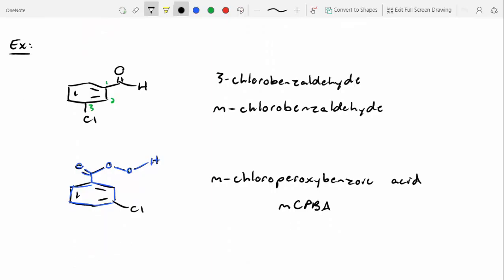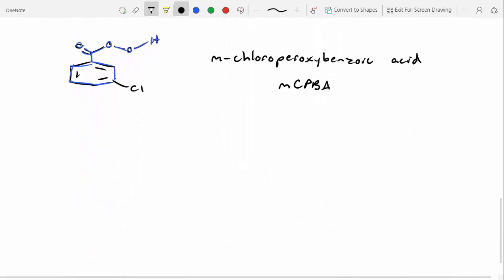But now let's take a step back and ask, why are aromatic rings so special? We're going to look at a few different things.